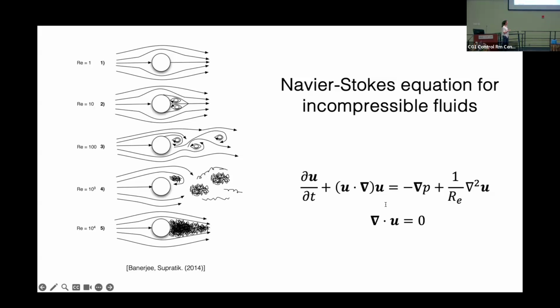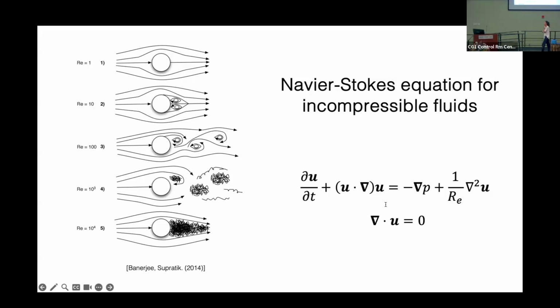You have the competition of two effects: dissipation on the one hand, and the nonlinearities, which tend to transfer energy across the scales. The important thing is that this energy transfer happens conservatively.